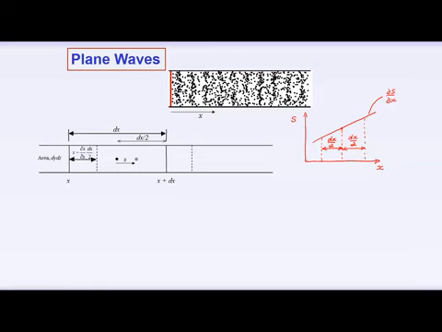So if we look at the displacement of the left hand edge of this parcel of gas, then its left hand edge is going to be this displacement s minus the gradient ds dx times dx over 2. So this amount here is going to be that s minus ds dx dx over 2.